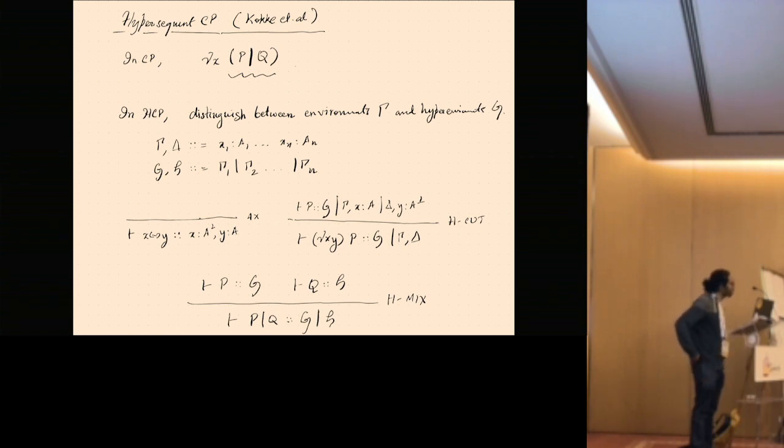In LNL I know how it works, but you were talking about star-autonomous categories and other stuff, and you didn't mention the exponential. I do know how to do it, I just don't know how to apply it to an actual presentation of CP with exponentials. So in the semantics it does work, but I don't know about the syntax yet.